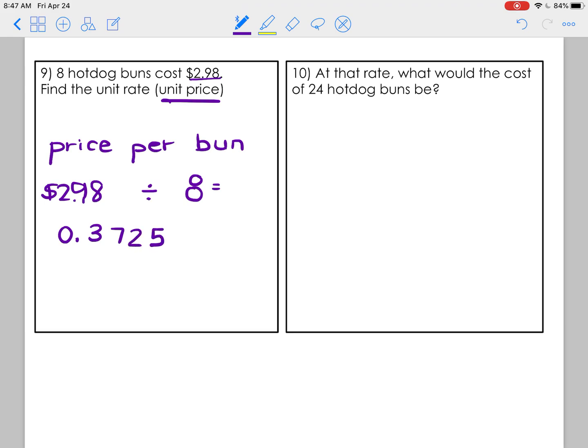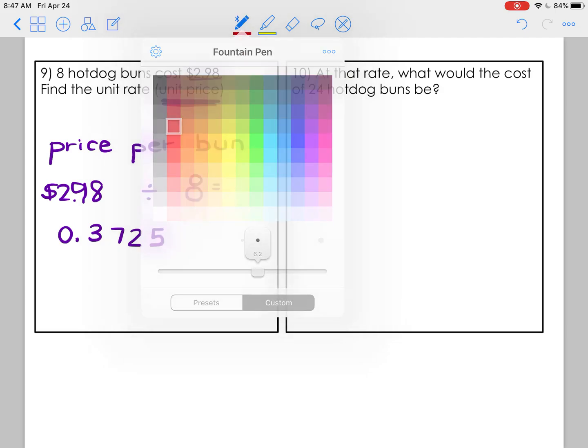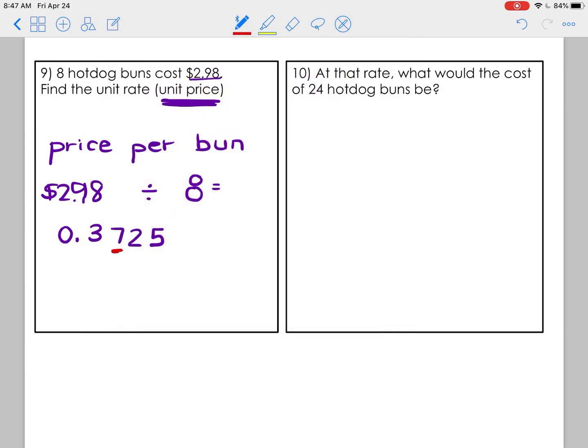Now, we're looking for price. Money is always rounded to the nearest hundredth. Okay, so we're looking at our hundredths place here. 2 does not round the 7 up. So our price would be 37 cents per bun. Okay.